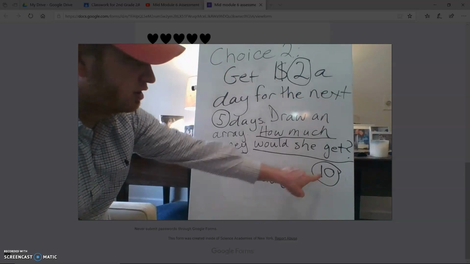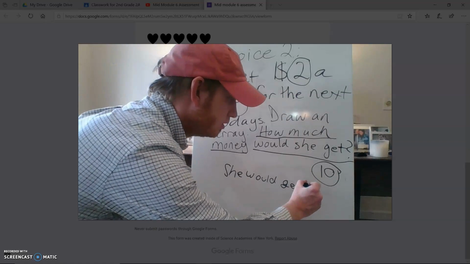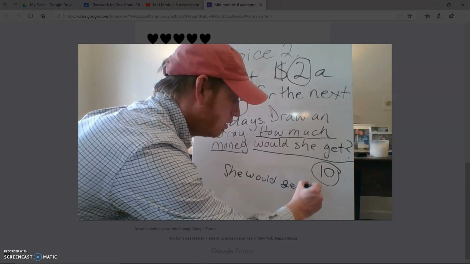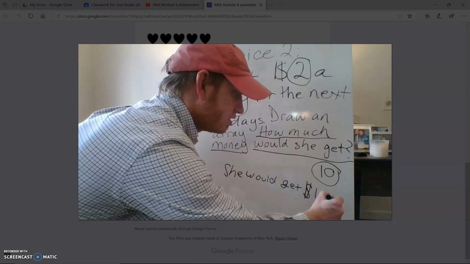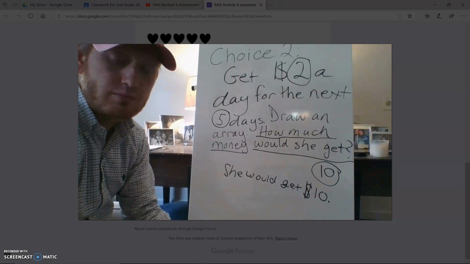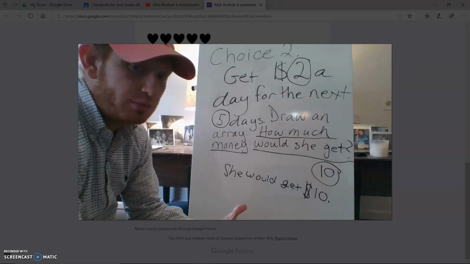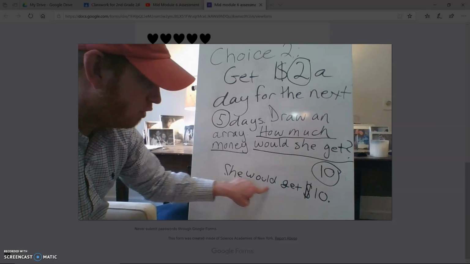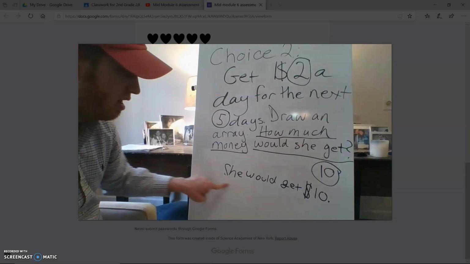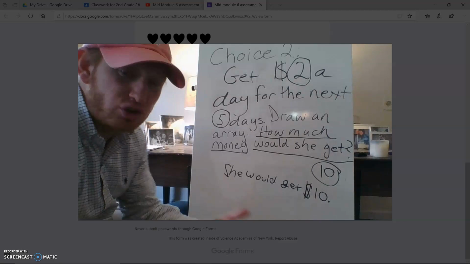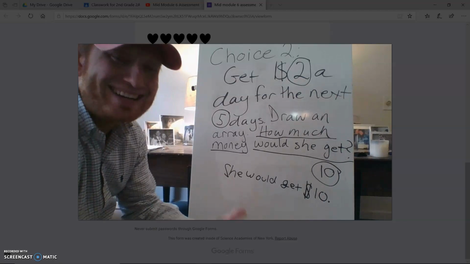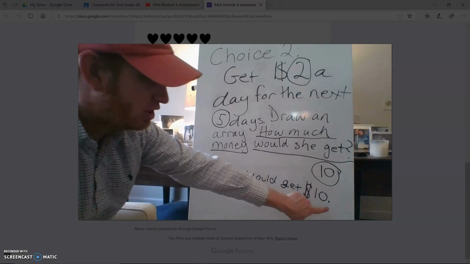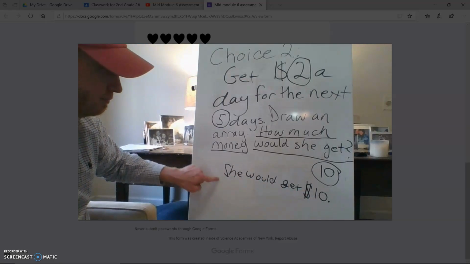And what was our answer? 10. $10. So after solving the problem, I made sure that I wrote it in a full sentence. That way, there's no question to whether I know what the answer is or not. I definitely know what it is because I put it in a full sentence.